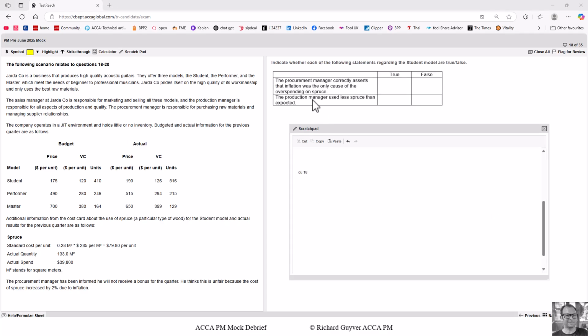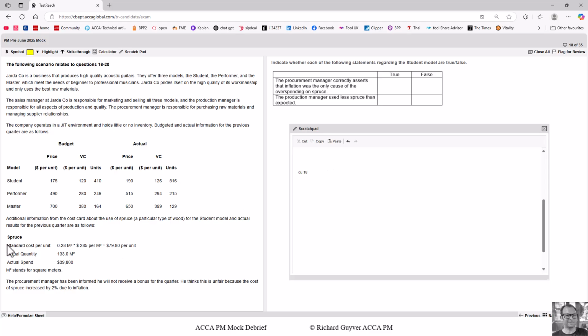Question 18, indicate whether each of the following statements regarding the student model are true or false. The procurement manager correctly asserts that inflation was the only cause of the overspending on spruce, and the production manager used less spruce than expected. Let's look at the procurement manager claim first.